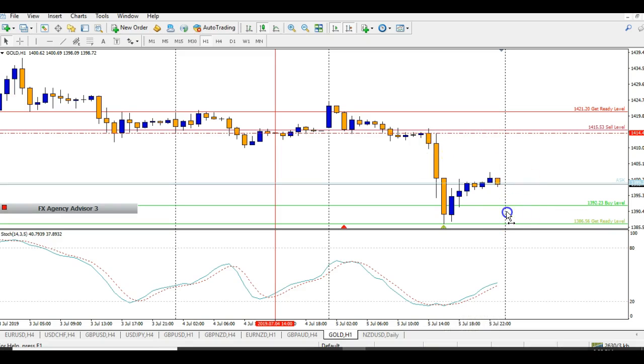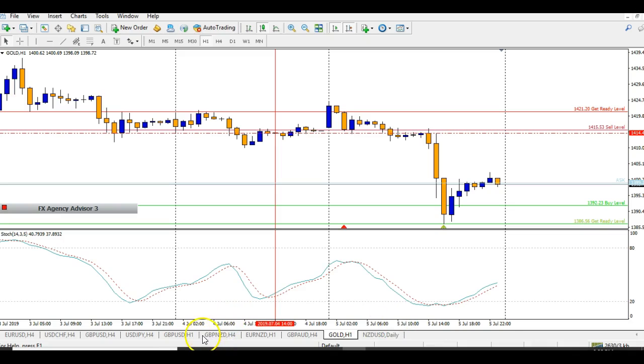If you have a buy signal, see if the stochastics indicator is oversold. If you have a sell signal, make sure the stochastics indicator is overbought. It's quite straightforward and simple.